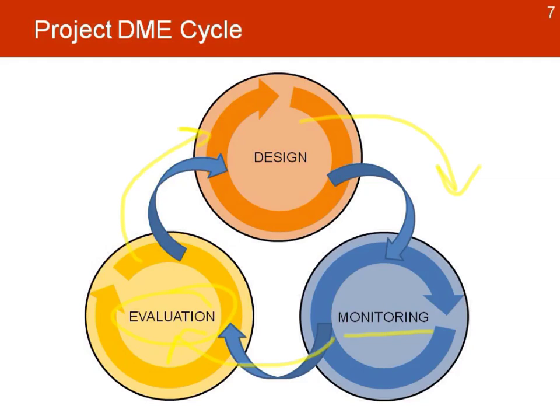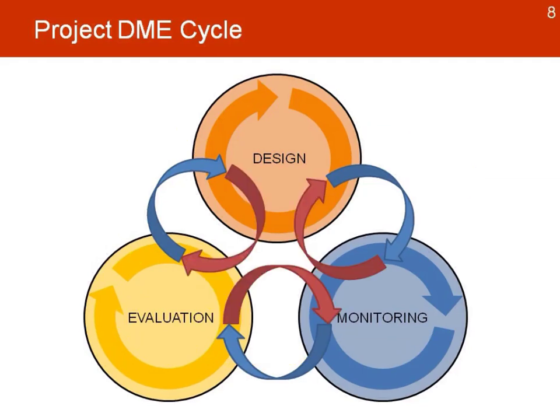What we see sometimes is that there is also a need to have feedback mechanisms that provide information from the monitoring back to the design, from the evaluation back to the monitoring, and even from the design back to evaluation. The idea is that these three elements are not separate.